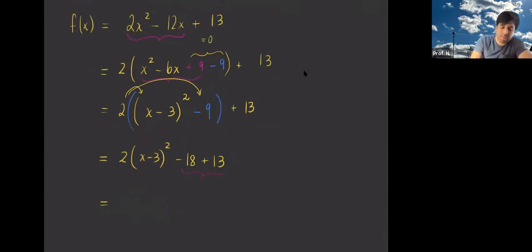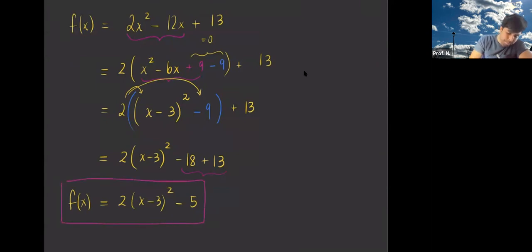Then I can combine these like terms. Negative 18 plus 13 becomes minus 5. And so then I have successfully converted the general form to the standard form. And from the standard form, what could I figure out?